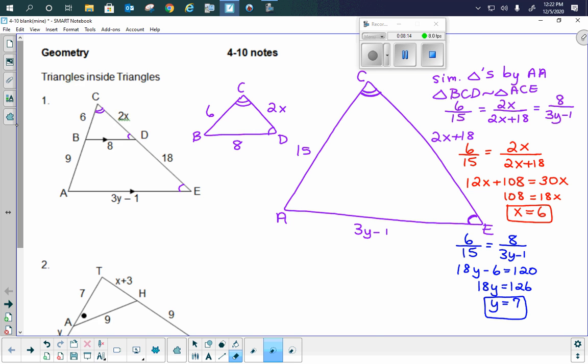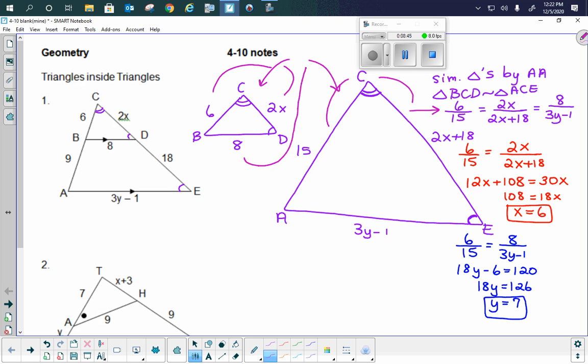That means ultimately, guys, really the shortcut I'm trying to get you to is this. Right here, remember me saying, don't miss this because you don't put BC over AC, so on and so forth. But guys, if these two triangles are sitting in the same direction, meaning the markings are in the same place, can't you just say the left side over the left side, notice 6 over 15, equals the right side over the right side, notice 2x over 2x plus 18, equals the bottom over the bottom?